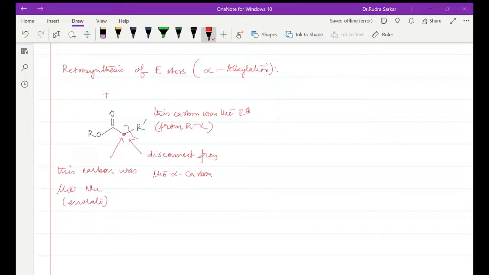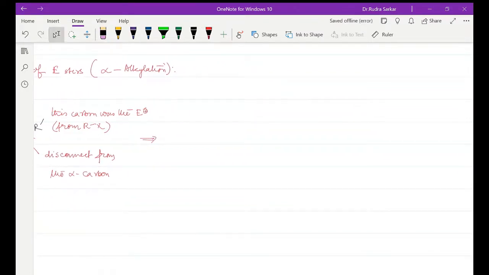This is our target molecule. Our synthons over here are going to be RO and the minus charge over here, which we are calling our nucleophile, and the R plus we are calling our electrophile.